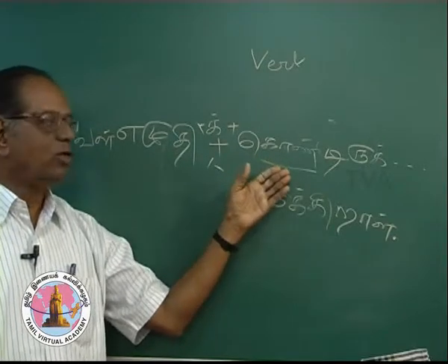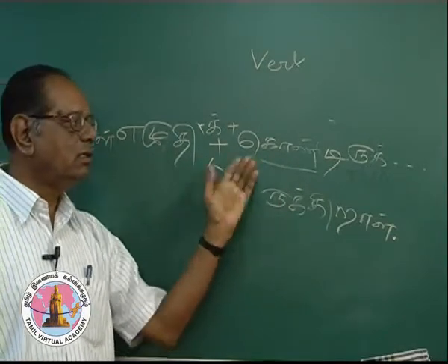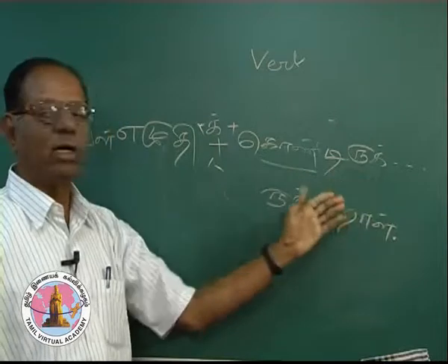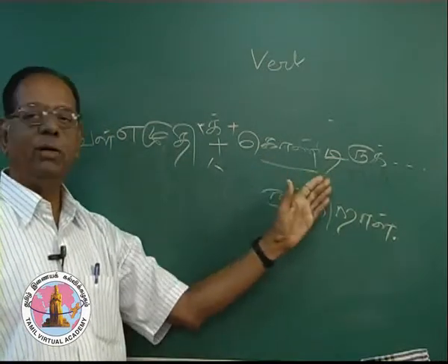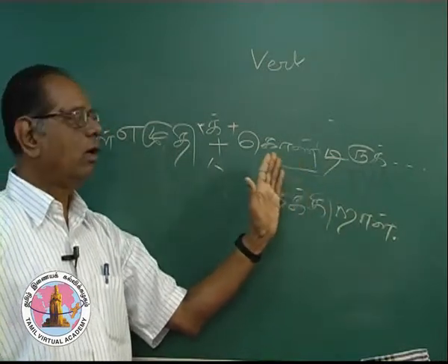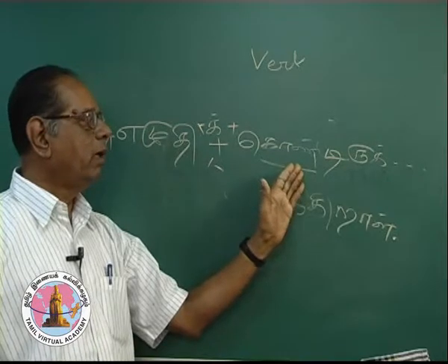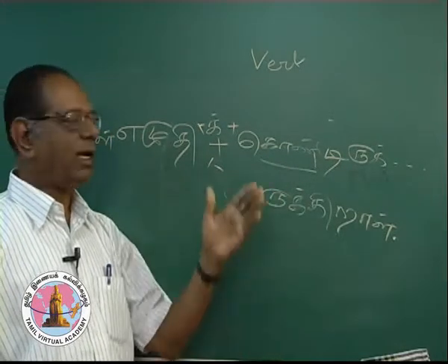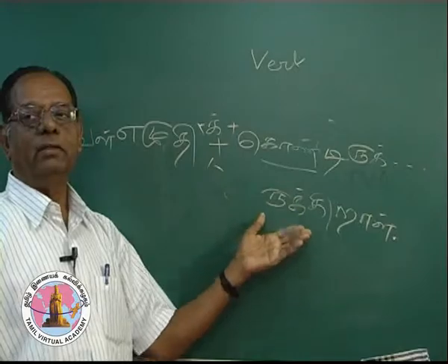You add எழுதிக் கொண்டு plus இரு, எழுதிக் கொண்டிரு, எழுதிக் கொண்டிருக்கிறாள். If you separate them, there is no sin. You can write it that way or combine it this way.